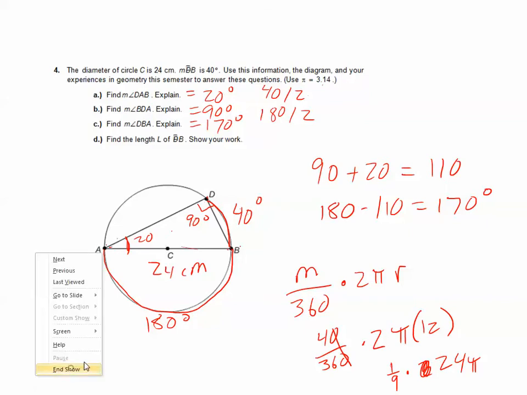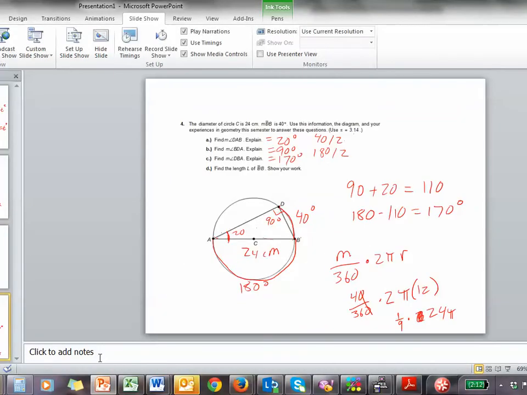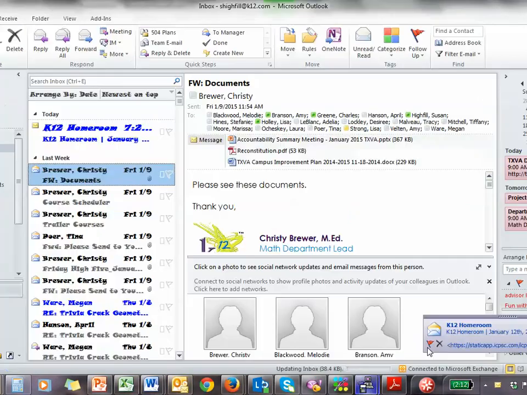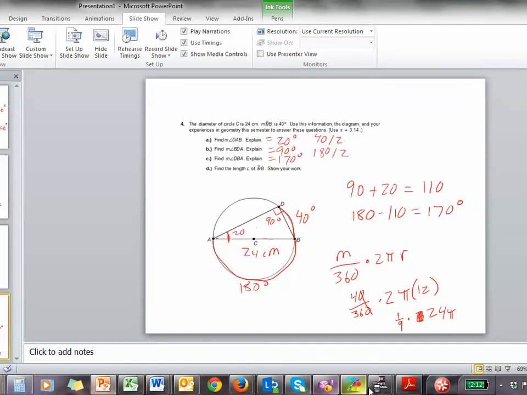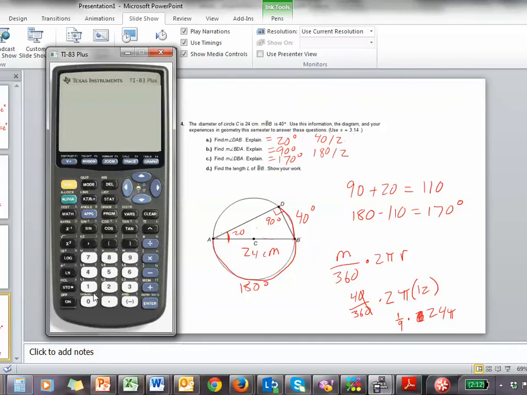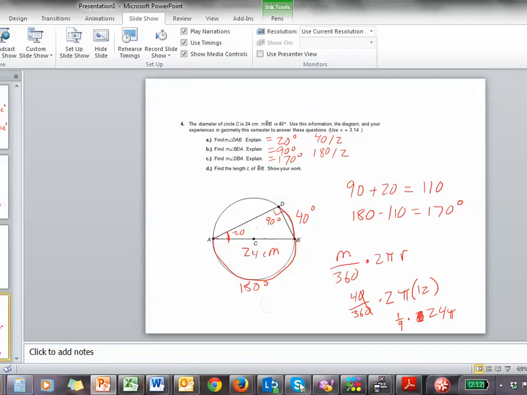So if we go out here to our calculator, all you need to do is take 24 first, and you want to divide it by 9, because 24 times 1/9 is the same as 24 divided by 9. And then just take that number and multiply it times 3.14. And then you'll get your length is 8.4.